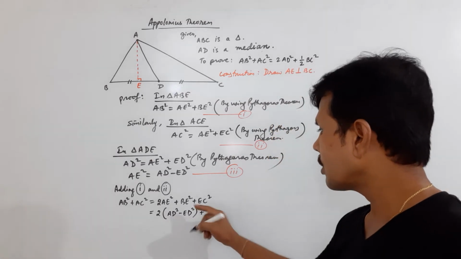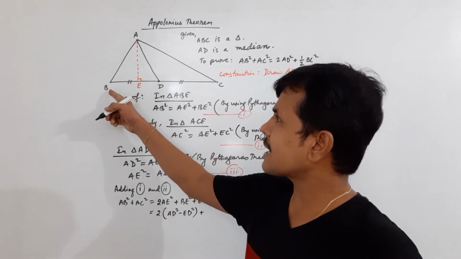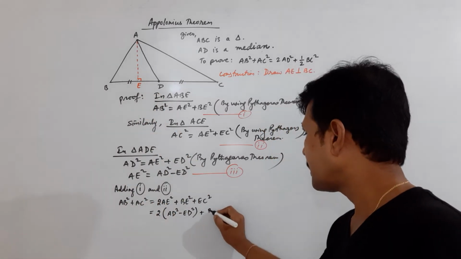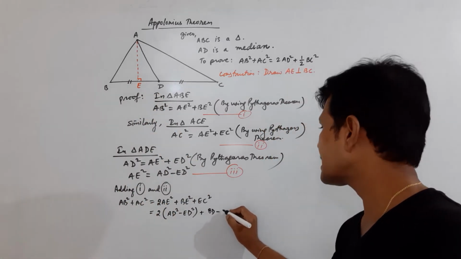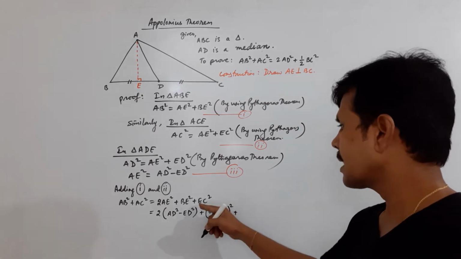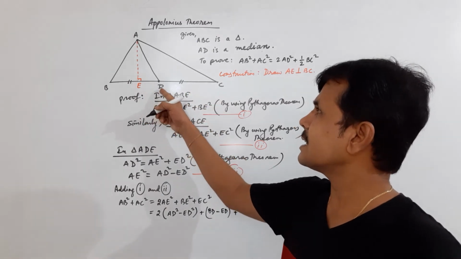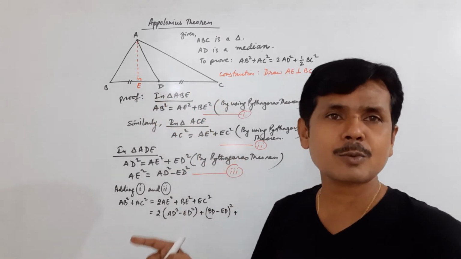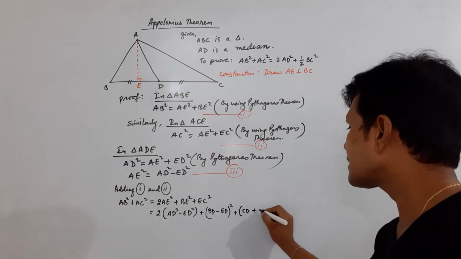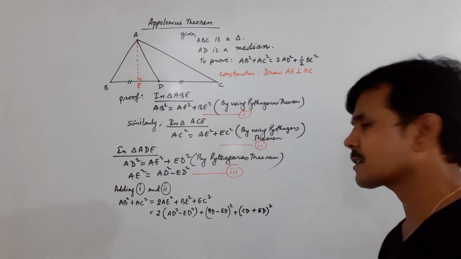Now this BE I can write as BD minus ED, BD minus ED whole square, plus, and this EC I can break it as CD plus DE, or ED, whatever you want to write, it's correct.